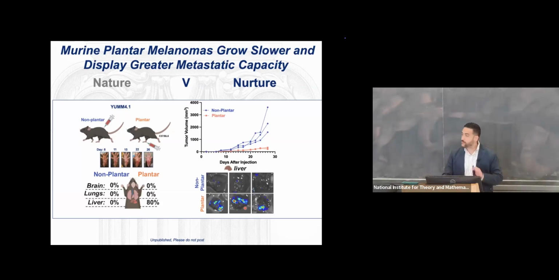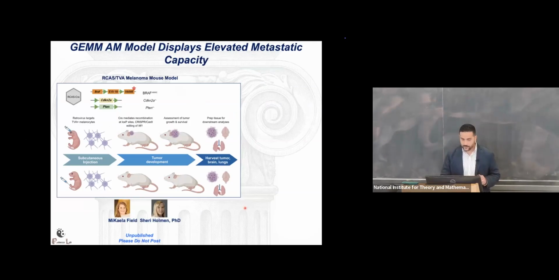So we repeated this experiment now. Instead of using an implantation model, we used a genetically engineered mouse model approach, which was just recently described a little bit by Russell. Here, this genetically engineered mouse model allows you to transform melanocytes wherever you deliver this Cre virus. It triggers the formation of these mutations. This has been developed by our collaborator, Sherry Holman at the Huntsman.